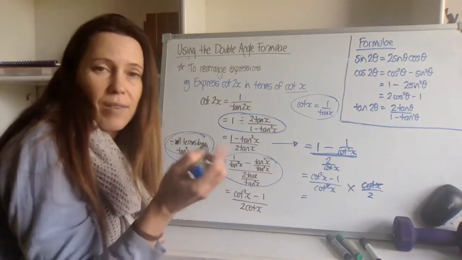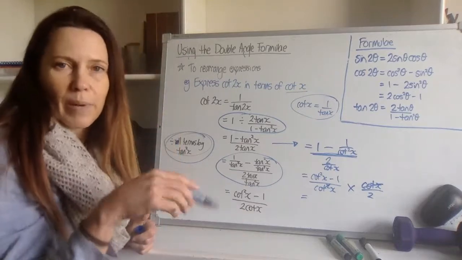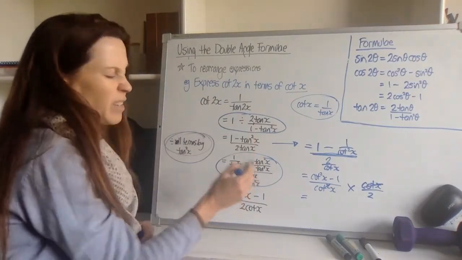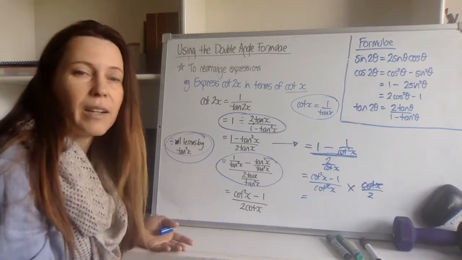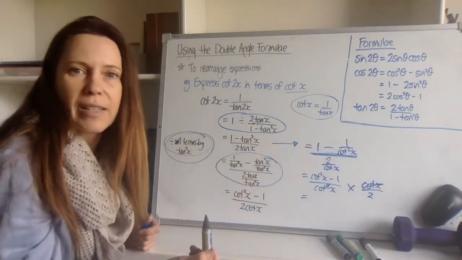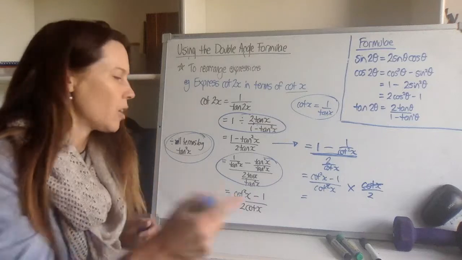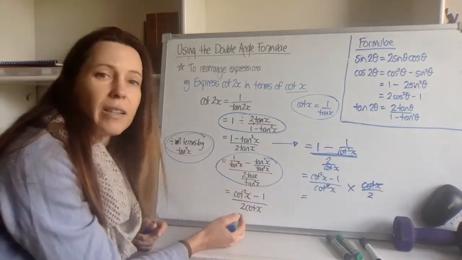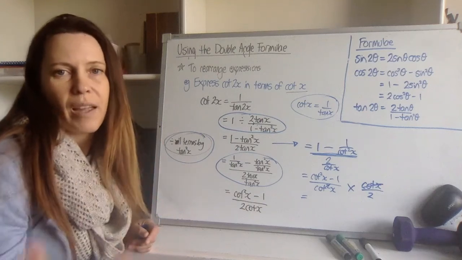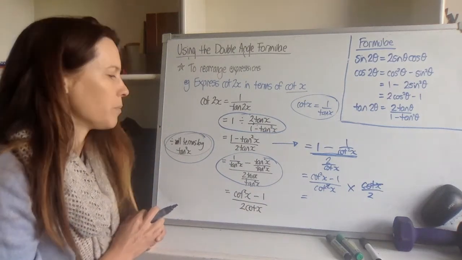I wouldn't recommend leaving it out at first. Wait till you've done a bunch of these and lines like this are getting really boring and you're like, oh, I can see what to do here. And if you're getting them right, feel free to leave those lines out. But if you're getting them wrong, go back to writing them in, because it's better to take that extra bit of time and get it right than to take a shortcut and have your work filled with mistakes.